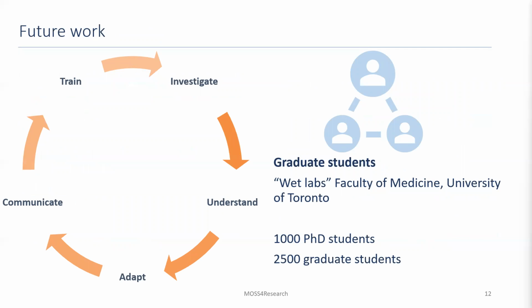So in the future, it would be very interesting, for those who are interested in exploring that further, to target a bigger audience. An example here is the whole Faculty of Medicine, that has around 2,500 graduate students that mostly come from biology or health sciences, and they do not always have a background in computer science.